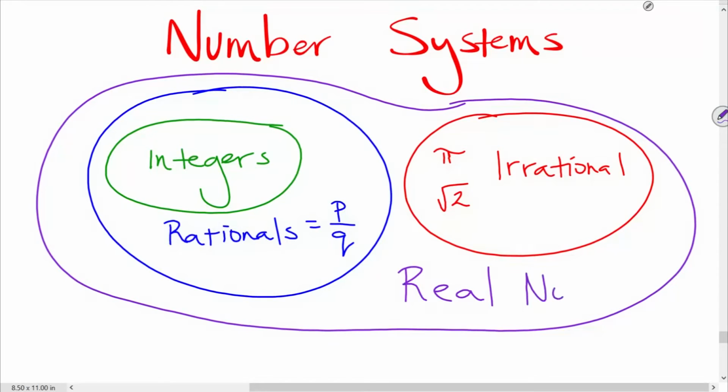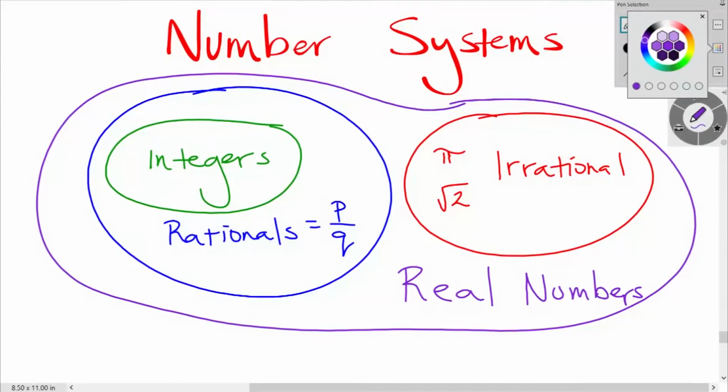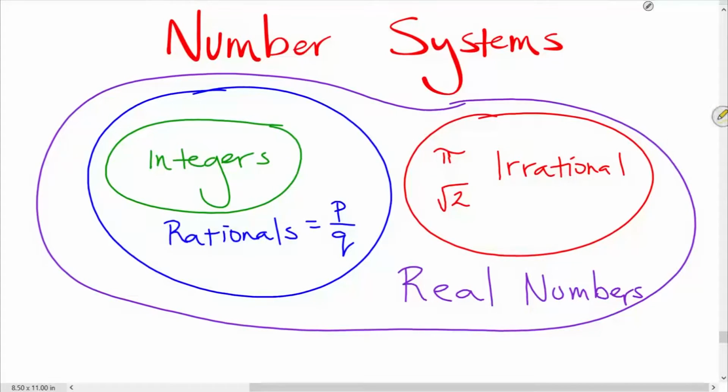Now the problem with the real numbers is that we can't take the square root of a negative number, like the square root of -9, for example. We don't have an answer for that.